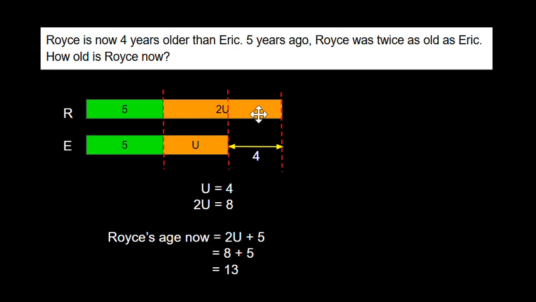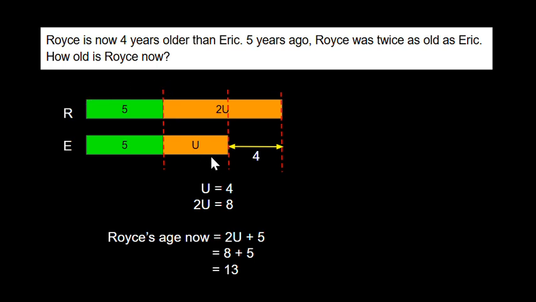So you see the difference. This is their current age. All you need to know is that they have a difference of 4. I draw a long bar, I draw a short bar, and I know that there's a difference of 4. Then you say 5 years ago, I cut out both sides, and you know that this difference is actually 2, and this is 1, because Royce was twice as old as Eric.